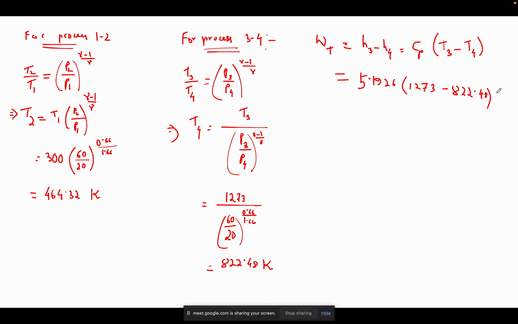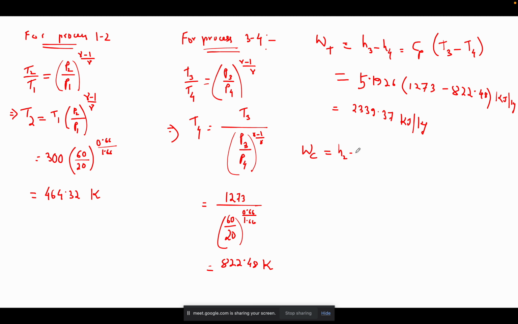So this will be in kilojoule per kg. So this is your 2339.37 kilojoule per kg.